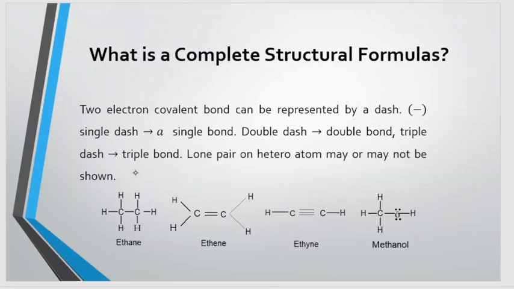If we consider these structures, ethane, ethene, ethyne, and methanol, you can clearly see all the bonds were represented, and there are lone pairs on heteroatoms like oxygen. We may or may not represent them, but still this is a complete structural formula of the compound methanol.